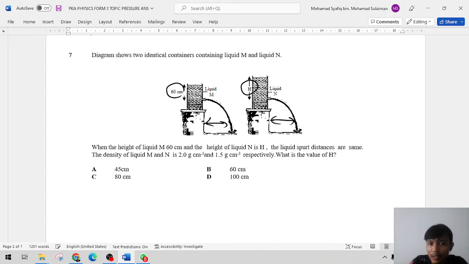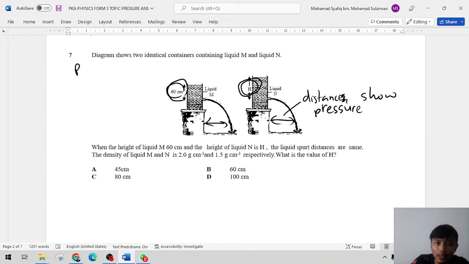Okay, this distance shows pressure. Because both beakers put the same distance, it means the pressure at height 60 cm and at height h have the same pressure.